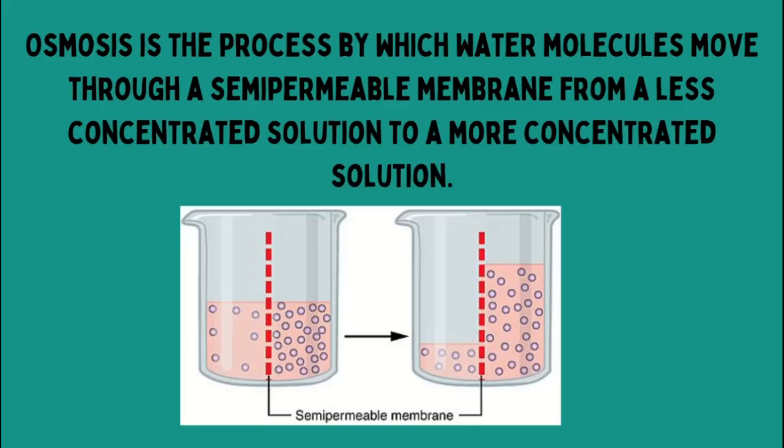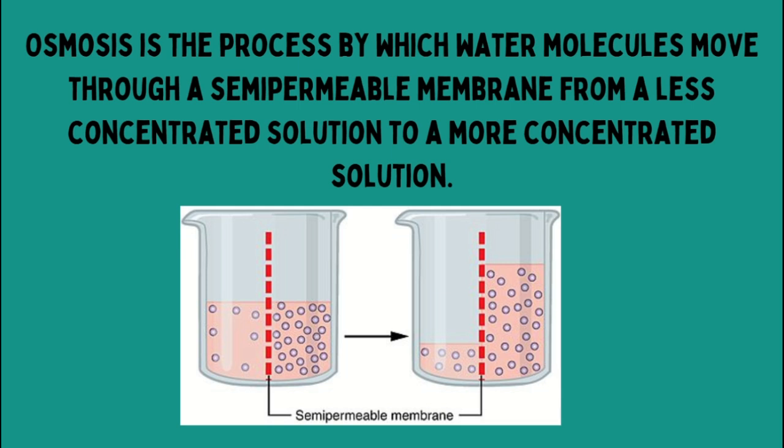So now we're moving on to osmosis. This is the process where water molecules move from an area of high concentration to an area of low concentration across a semi-permeable membrane until they're evenly distributed. Osmosis is a form of passive transport, just like simple diffusion and facilitated diffusion, but the difference is that it takes place specifically within water and passes through a semi-permeable membrane.